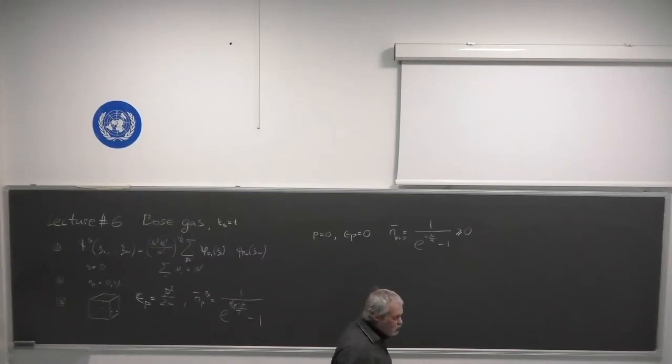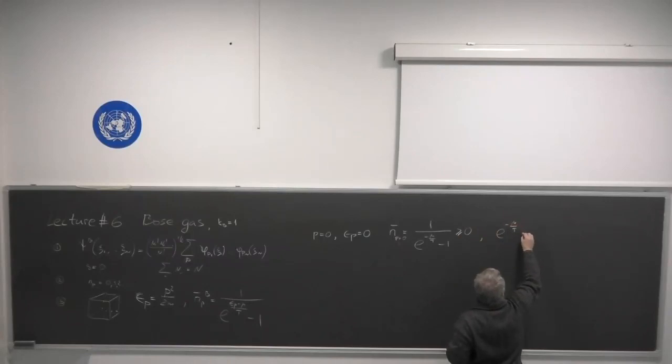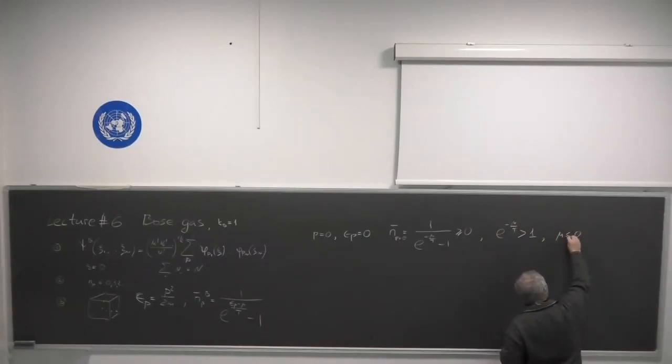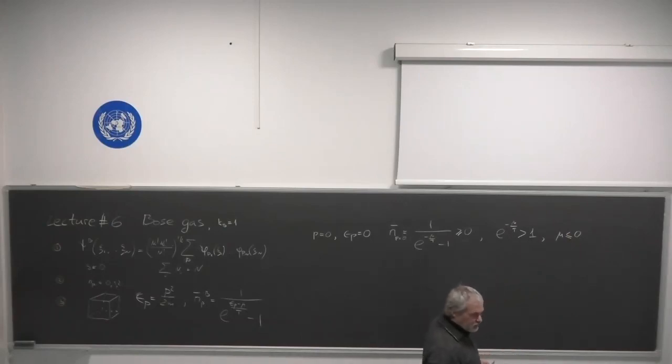It can either be positive or 0, which means that e to the power minus mu over temperature is larger than 1. Which means that the chemical potential is negative. Let me say more accurately, not positive.